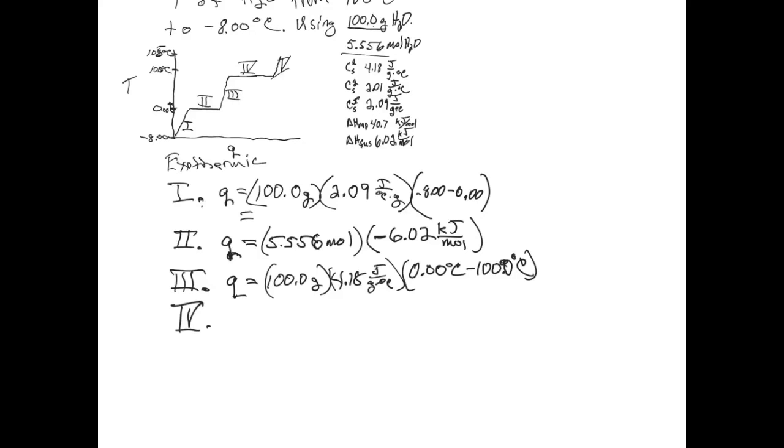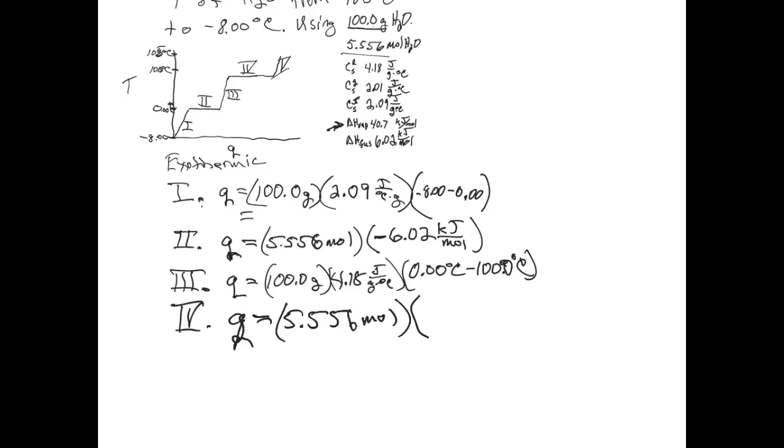And now for this part, we're dealing with boiling, and in this case not boiling but condensing, because we're taking the gas and condensing it into a liquid. So I can calculate my heat again, and this time I need my delta H vap, and I know I have 5.556 moles.